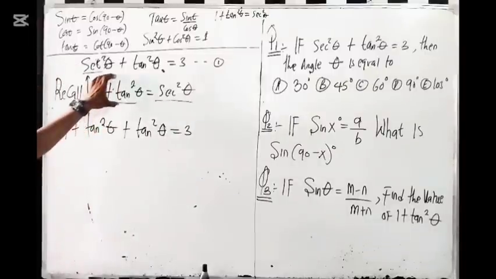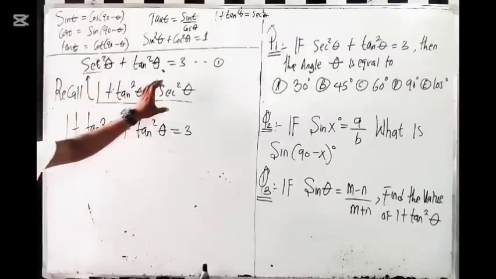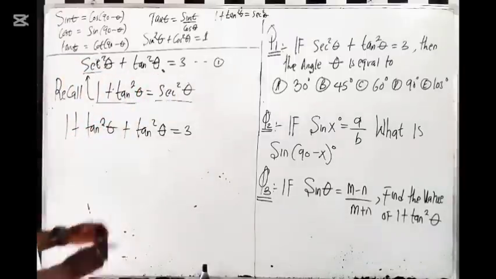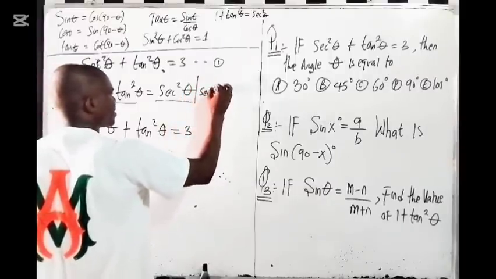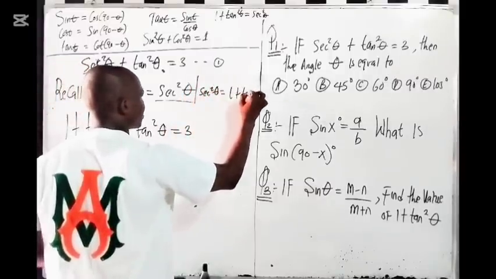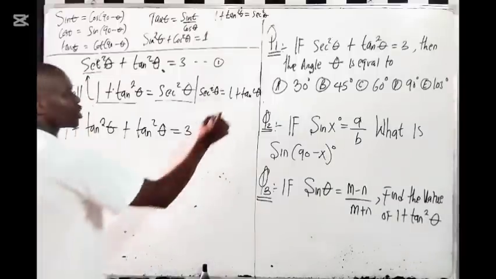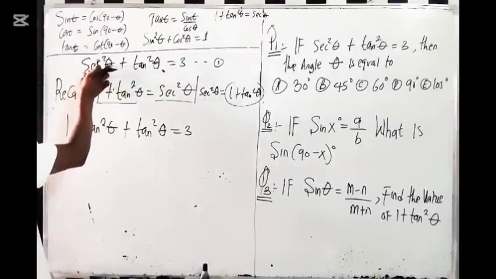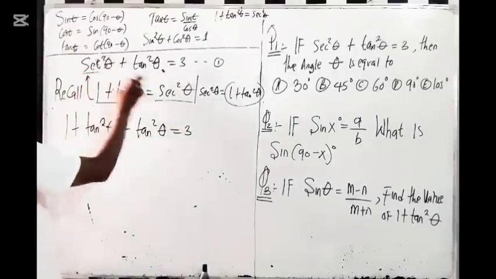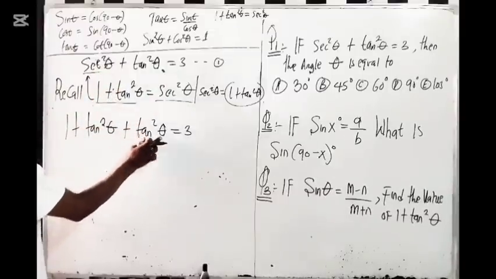Because here we have sec squared theta, and here we also have sec squared theta. You can write sec squared theta as 1 plus tan squared theta. So when I place it here, that is sec squared theta, which is 1 plus tan squared theta, plus tan squared theta equals 3.